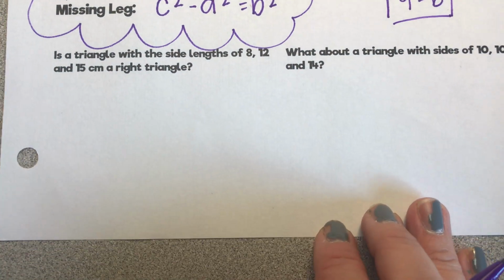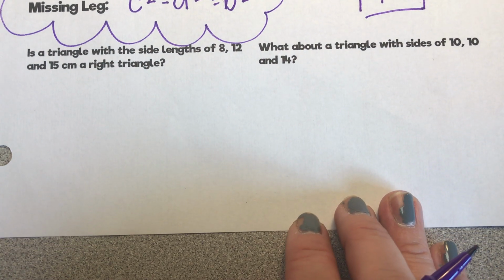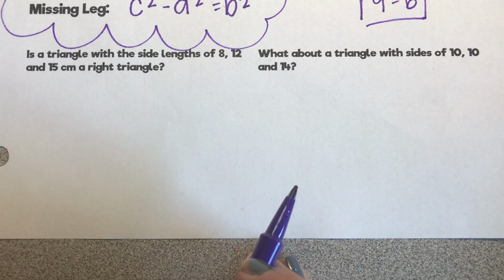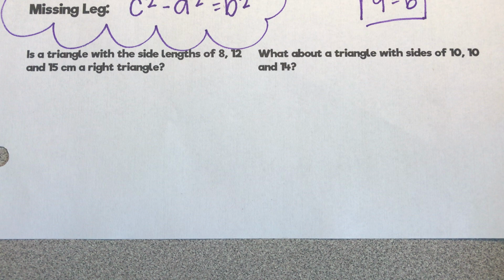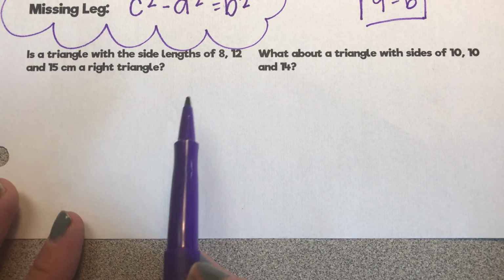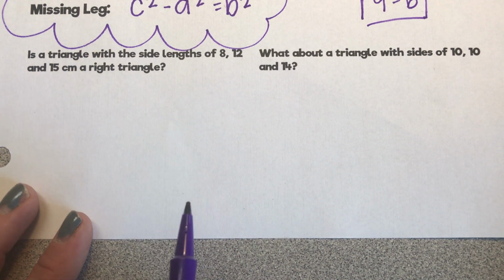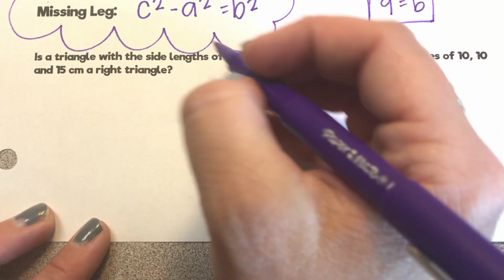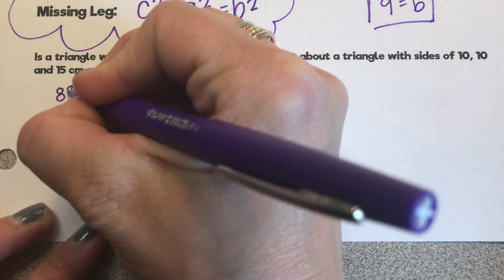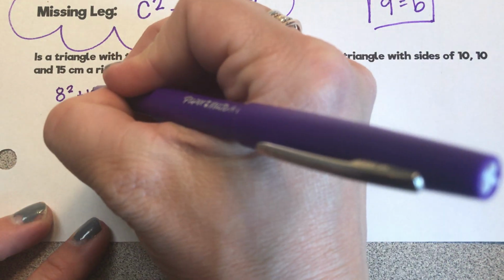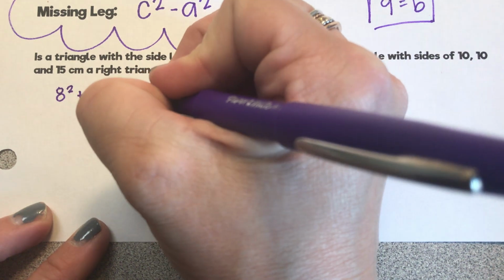Okay, and then down here, what we know is that the Pythagorean theorem works for every single right triangle. So if we're given some side lengths, then what we can do is we can check to see if this fits the Pythagorean theorem. We'll know whether or not it's a right triangle. So for example, on this one, 8 squared plus 12 squared equals 15 squared.